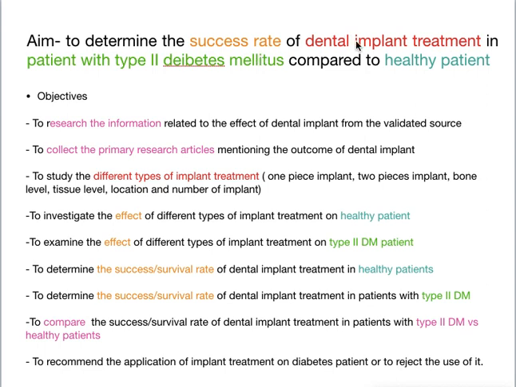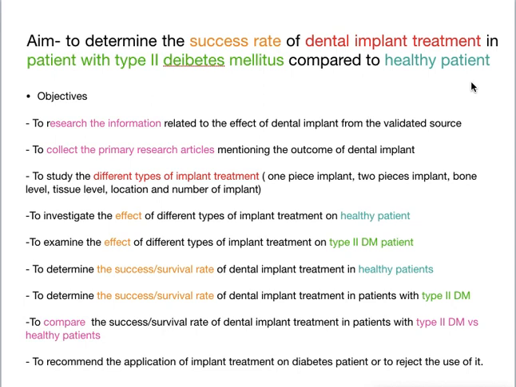Actually, it can be single piece implants, implant dentures, two piece implants, one piece implants, and then tissue level, bone level, immediate loading. A lot of things can happen. You can narrow it down if you want. This is just an example. And then we're going to emphasize patients who have diabetes mellitus, and then we will compare with healthy patients.